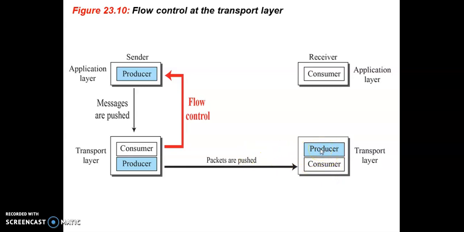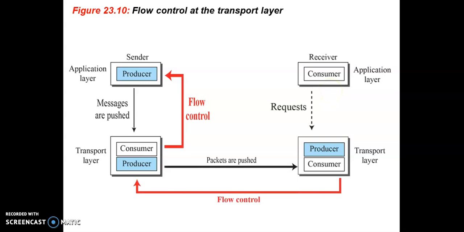It is the consumer for the packets received from the sender, and the producer when it decapsulates the message and delivers it to the application layer. The last delivery, however, is normally a pulling delivery. The transport layer waits until the application layer process asks for messages. This is the flow control at the transport layer.